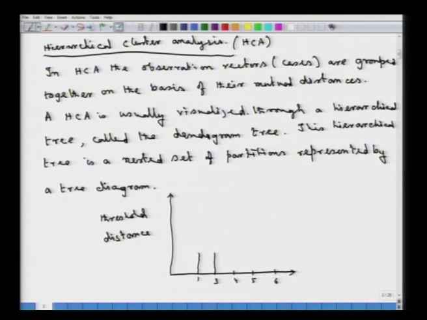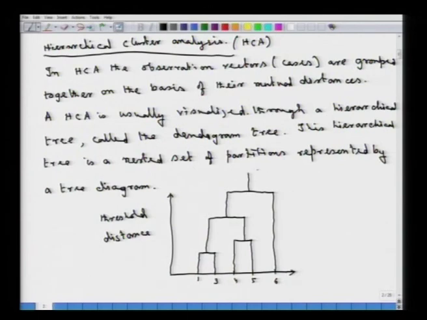We might see a diagram of this form, given by this type of tree structure.